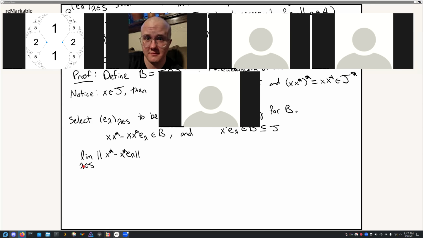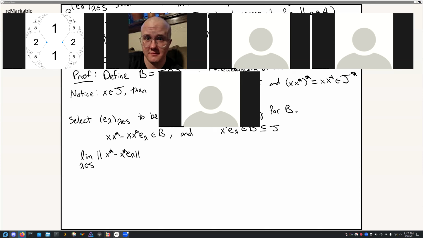So we're going to compute this limit, and the reason we're doing this is because these x star E lambdas actually do belong to J. So we want to see how far away x star is from J. If we prove that this limit is 0, then x star is approximated by elements of J, and since J is closed, x star has to belong to J. And since x is an arbitrary element of J, that proves that J is equal to J star.